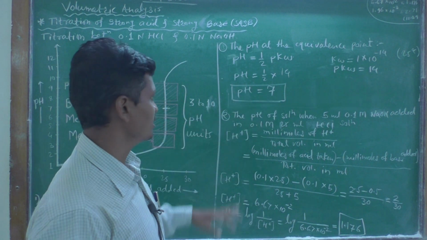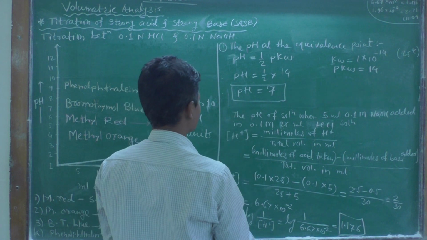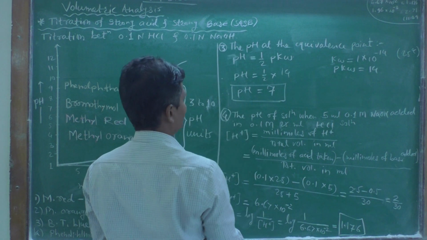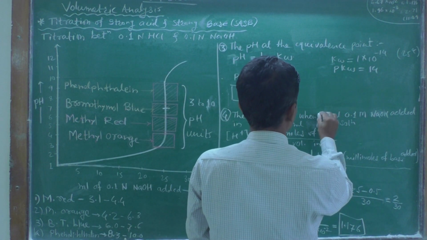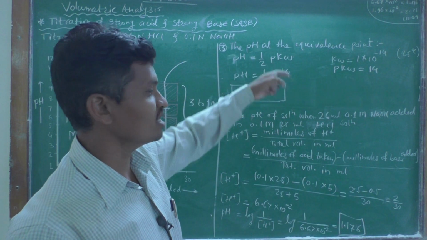Very simple. Then the fourth calculation is remaining, the pH of the solution when 26 ml is added. What is meant by equivalence point here?